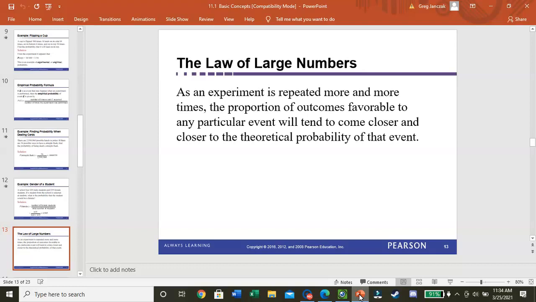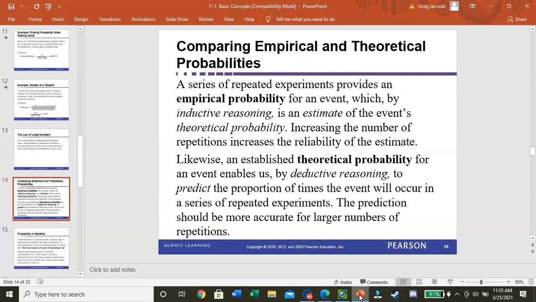So that's the law of large numbers. All right, comparing empirical and theoretical: a series of repeated experiments, empirical probability versus theoretical is what we're doing, successes over the total.